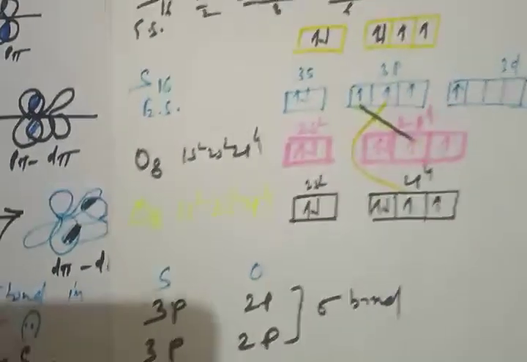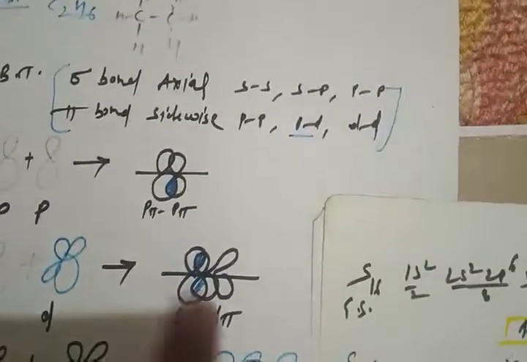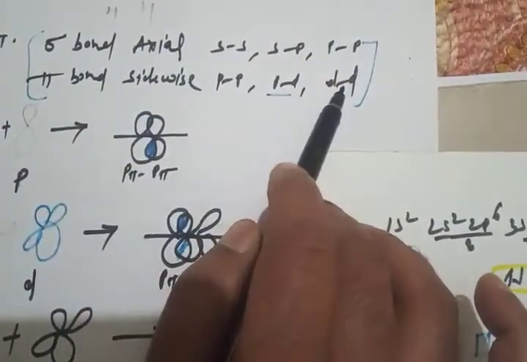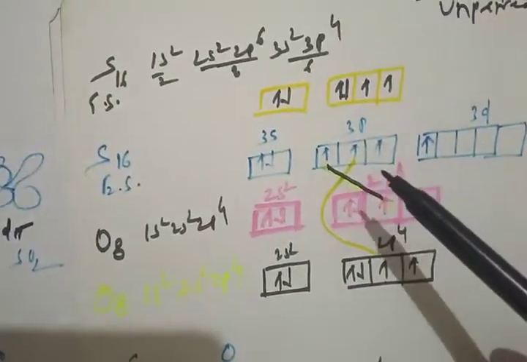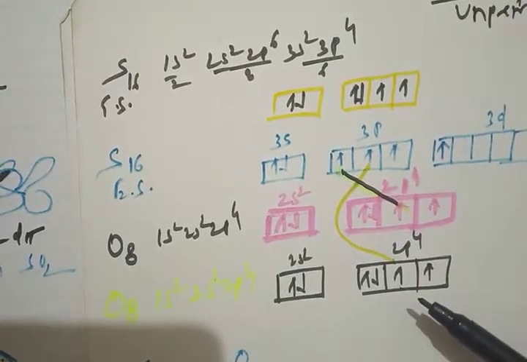Okay, now we'll talk about the pi bond. Pi bonds can form with pp, pd and dd. So we have 3p orbitals here and 2p orbitals here.